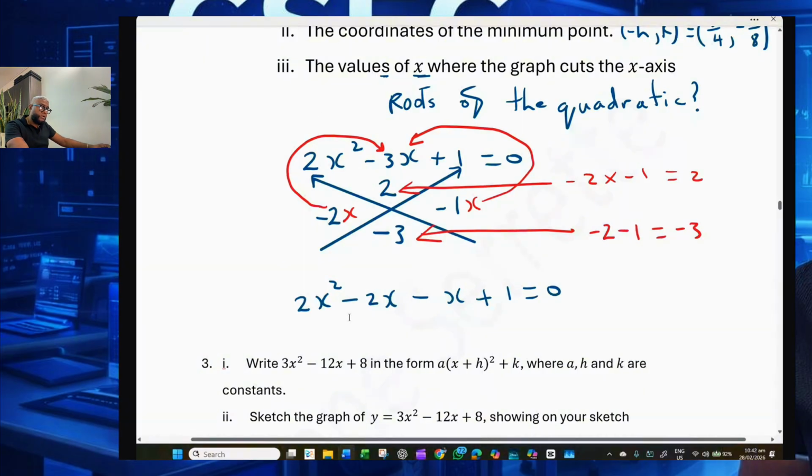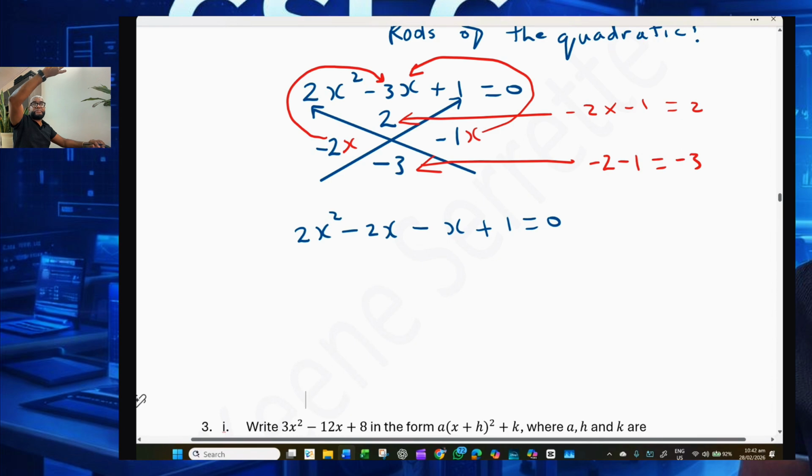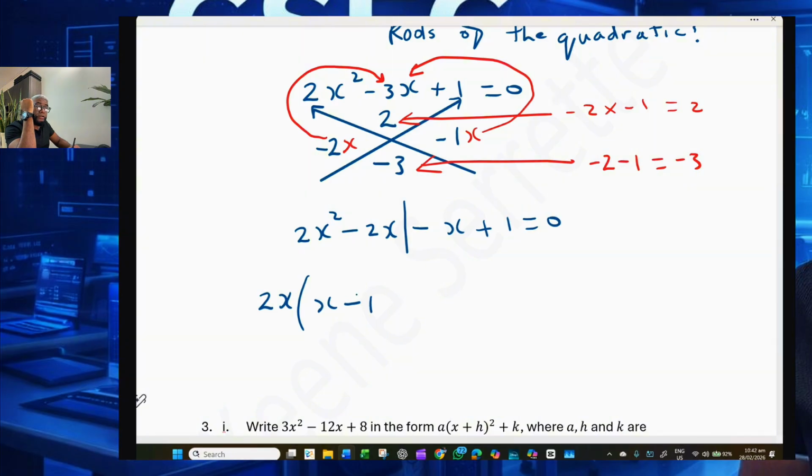Everybody good there? When we have 4 terms, we factorize in pairs. I put a little line in the middle. What could go into 2x squared and 2x? 2x. 2 into 2 cancels, and x into x squared leaves x. 2x into negative 2x is negative 1, so bring down the minus sign.